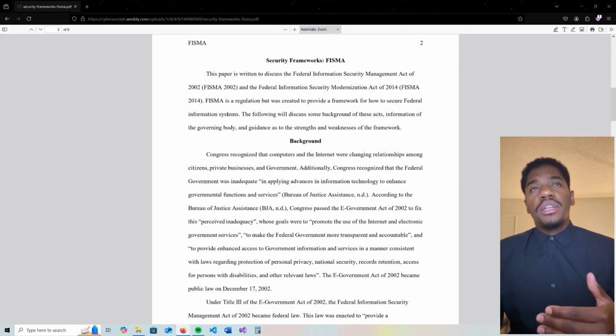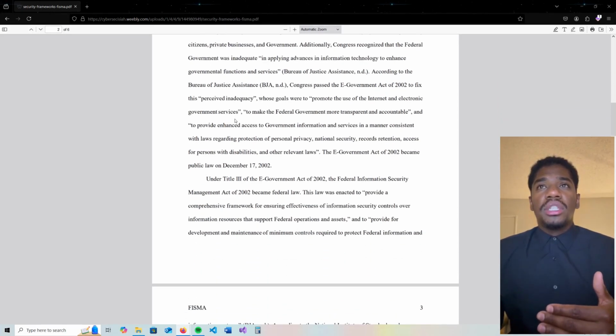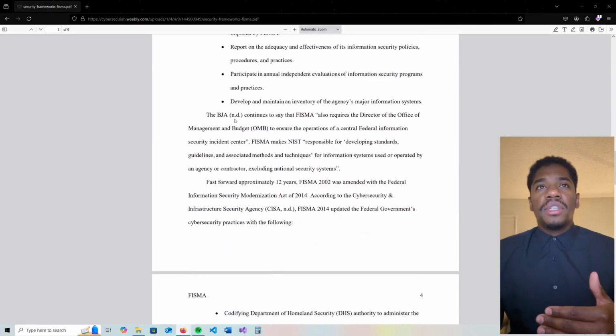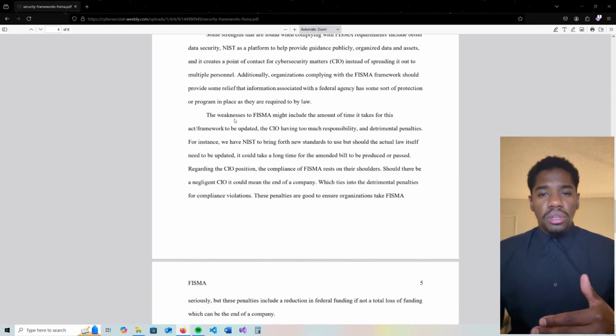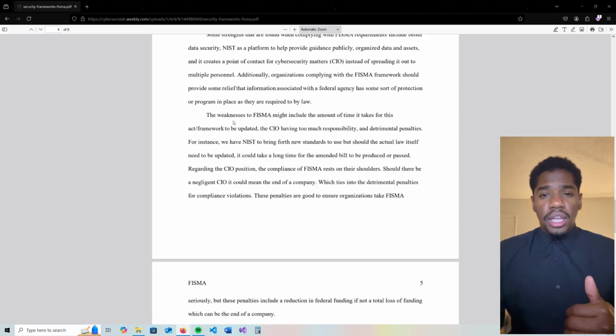But on top of that, FISMA also outlines NIST as an organization to conduct standards and guidelines for securing these types of systems, and also the general public. As we have today, we can go to NIST and get guidelines and policies for our security. So I was very interested in FISMA.